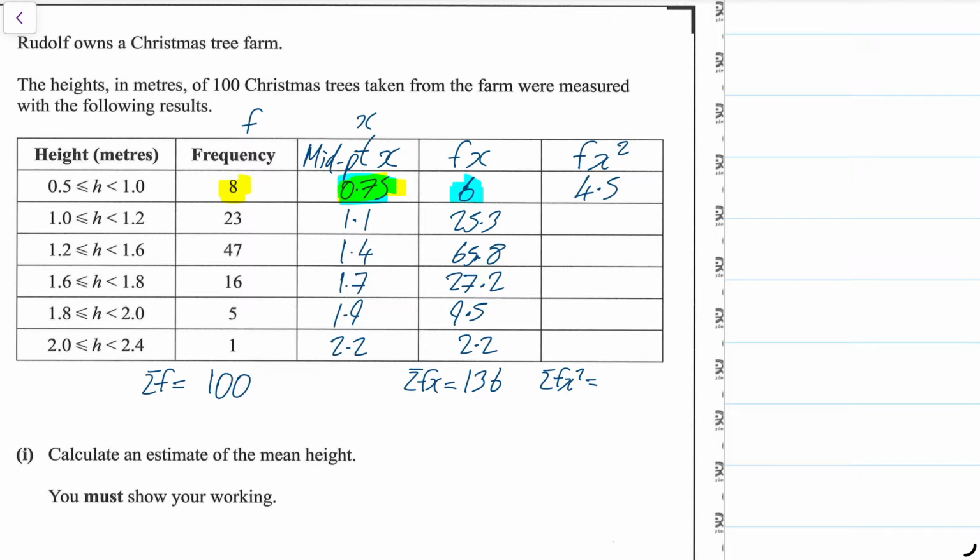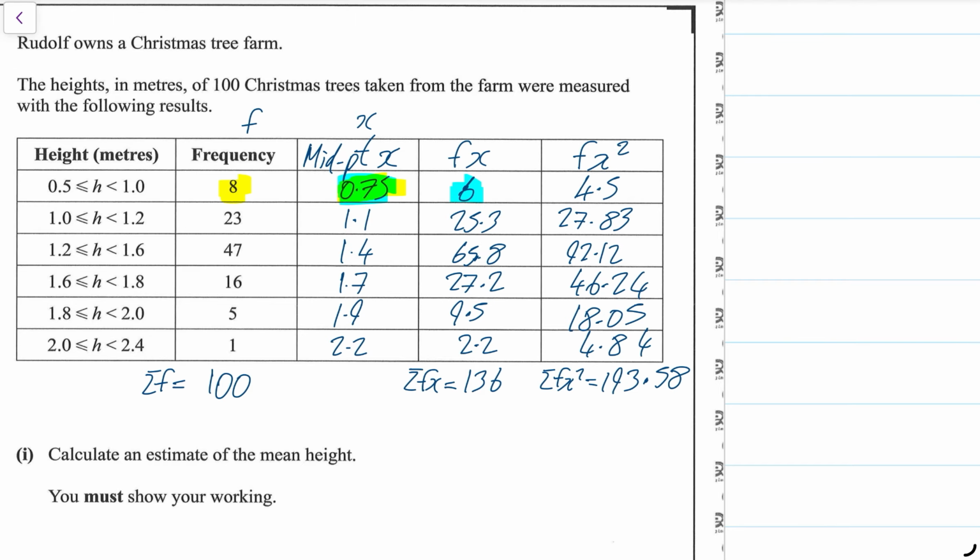So the 25.3 times 1.1 gives you 27.83. Then next one, 92.12, 46.24. Check all of these, please. 18.05, 4.84.